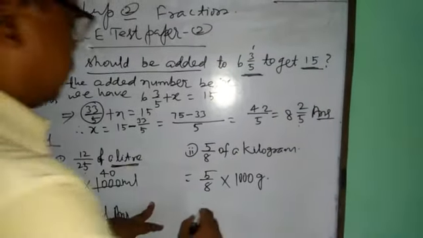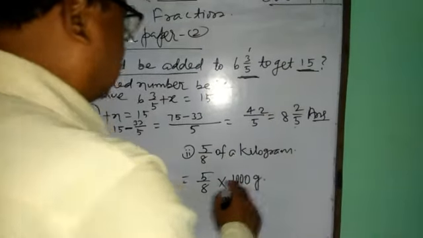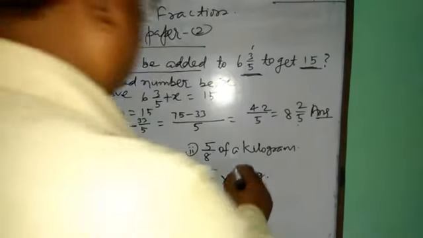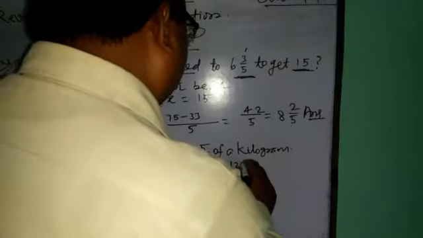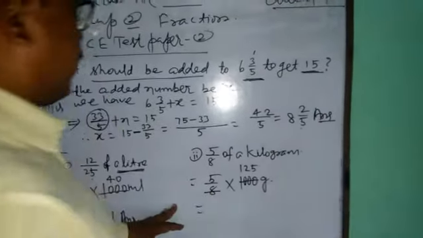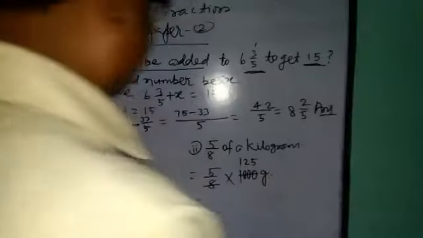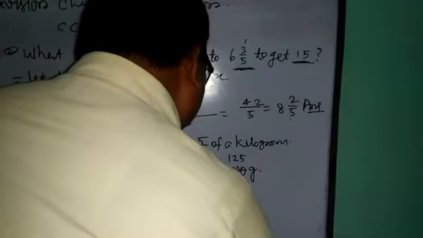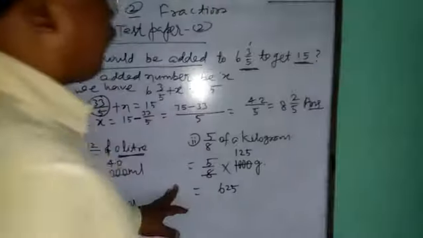Now we divide 1000 by 8, 125 eights are 1000. 5 multiply 125 is equal to 625 gram. Answer.